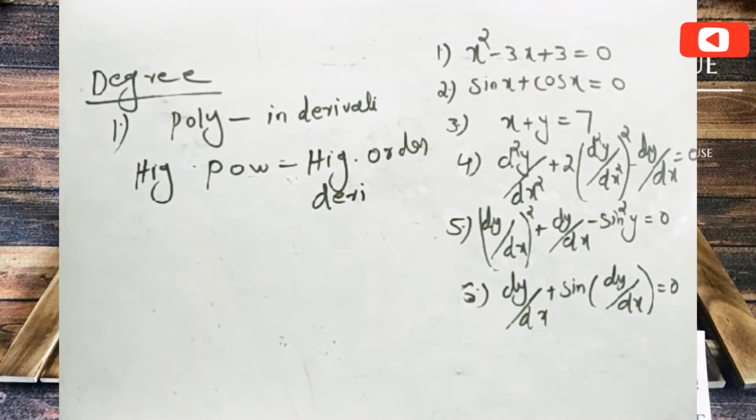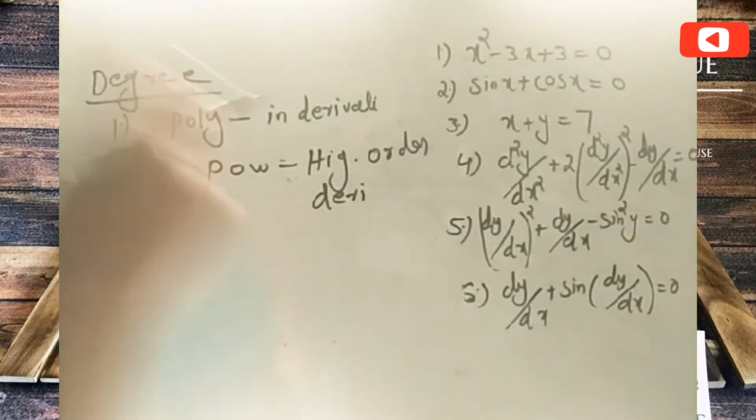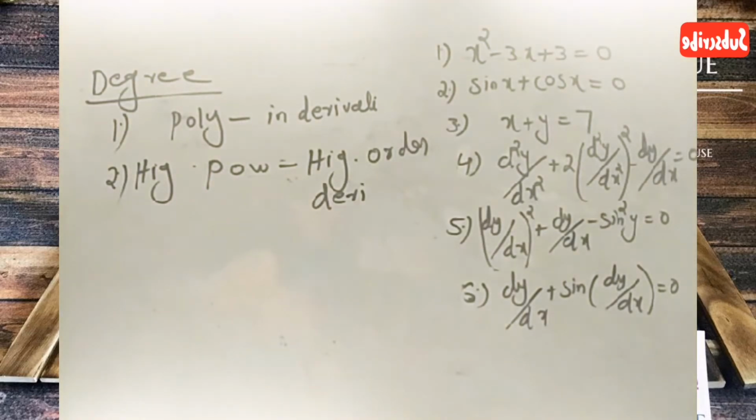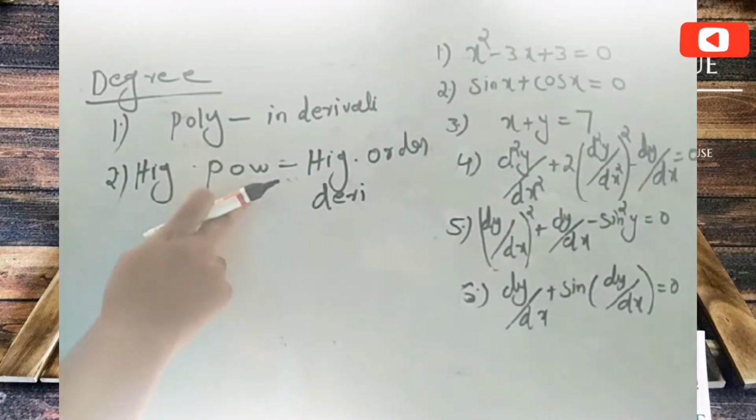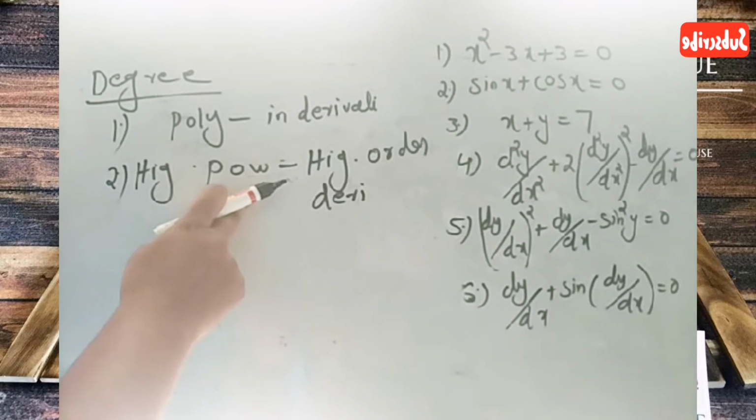So in the case of degree, we need to ensure whether it is a polynomial equation in derivatives or not. If it is, then we can define the degree, that is the highest power of the highest order derivative.